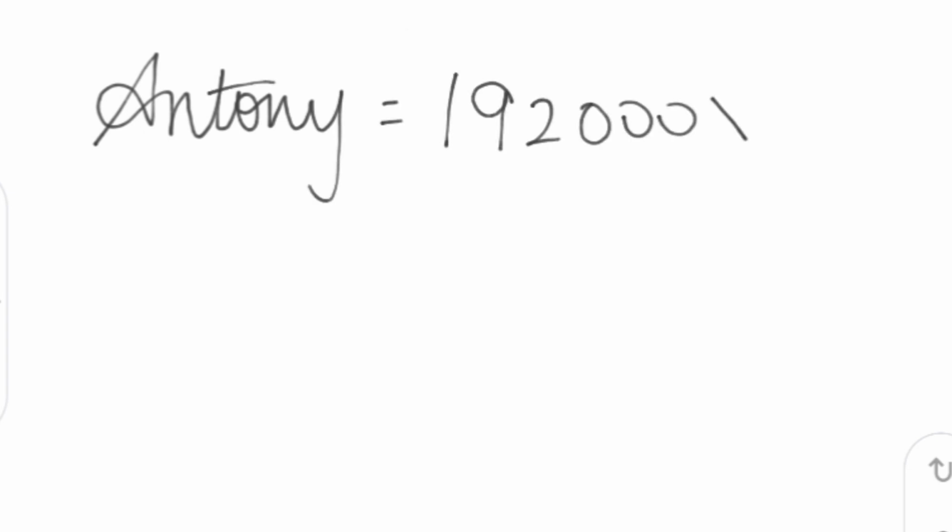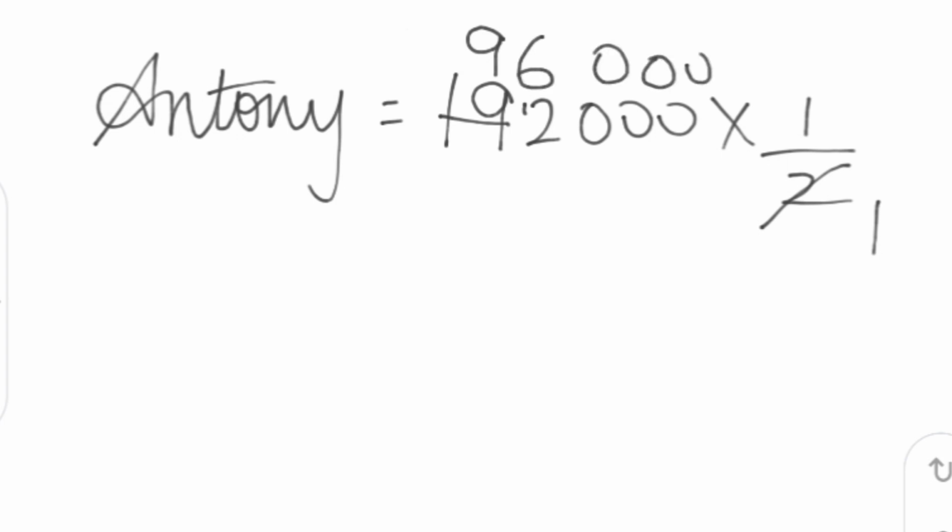Anthony's share of profit is 1,92,000 into 1/2. That is the share of profit, the ratio which they have given. So let's divide it in 2 timetables. 2 goes once, 19 goes 9 times. That is 2 9s are 18. Remainder 1. So now this is 12. 12 goes 6 times. Therefore, the 3 zeros which we didn't multiply. So Anthony's share is 96,000.